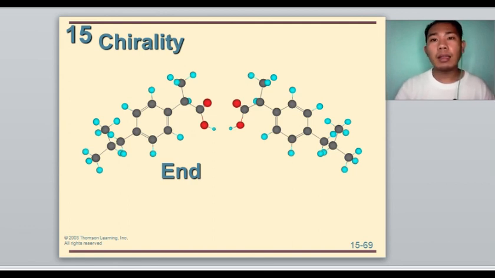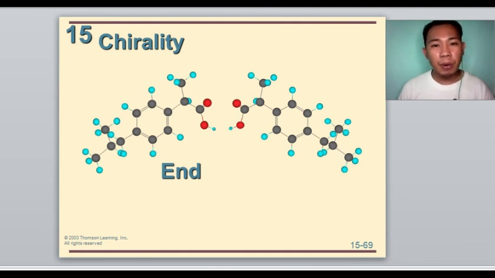Lastly, what is the significance of chirality in the biological world? Earlier we discussed enzymes. An enzyme catalyzes biological reactions of molecules by first positioning them at the binding sites on its surface.